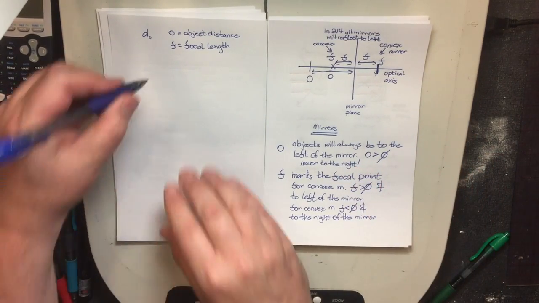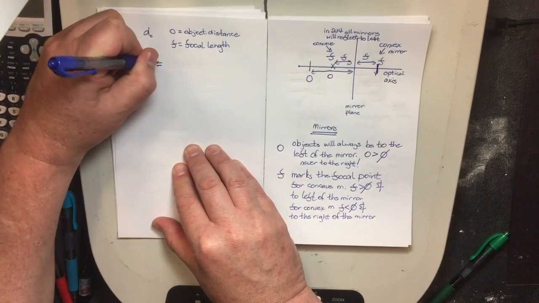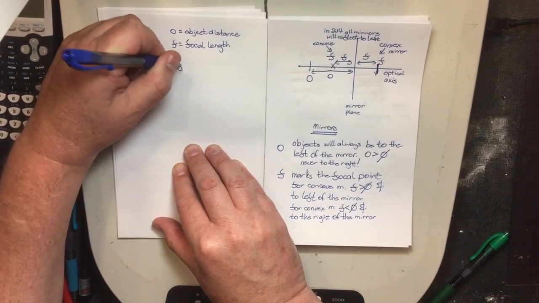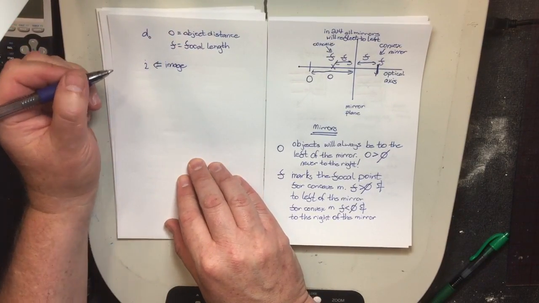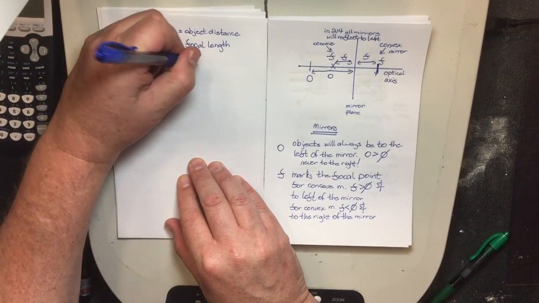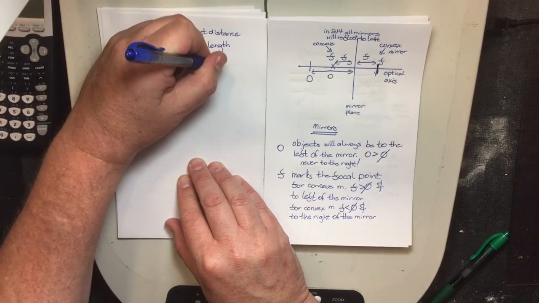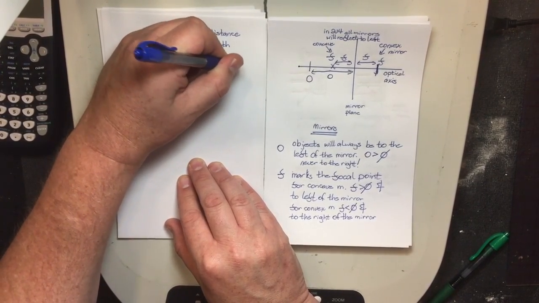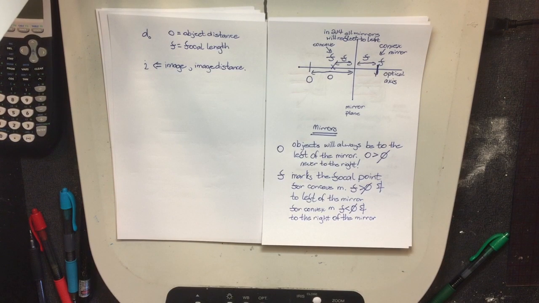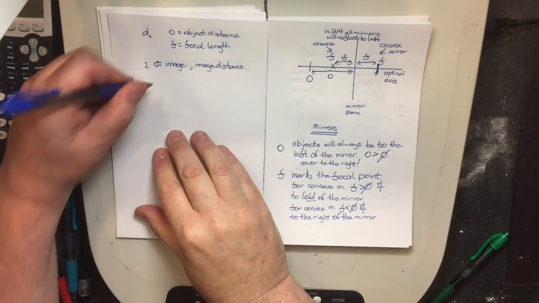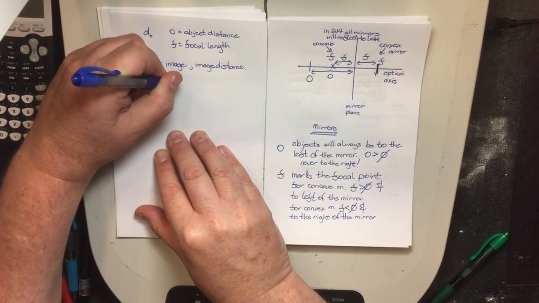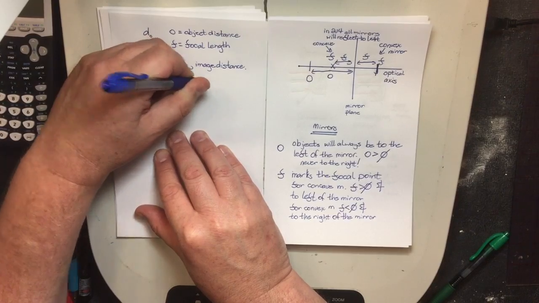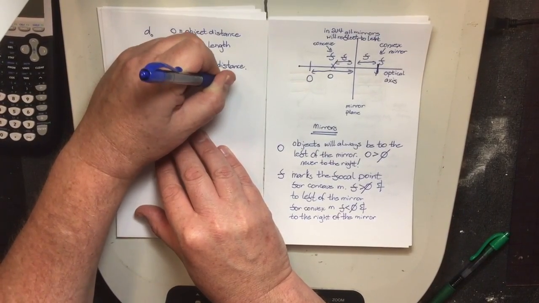Now we have something called I. I is the image. Where does the image form? It's also known as the image distance. Images can be formed anywhere.